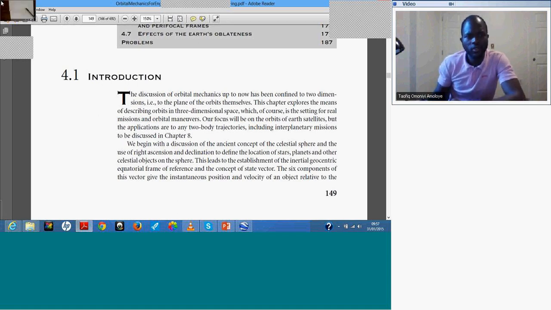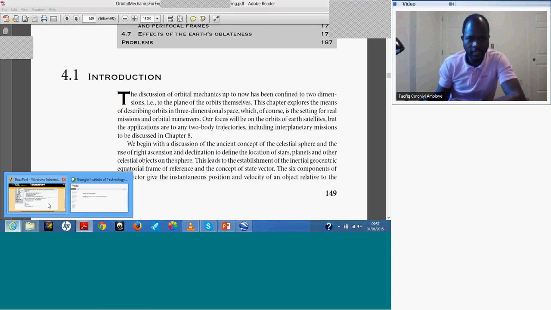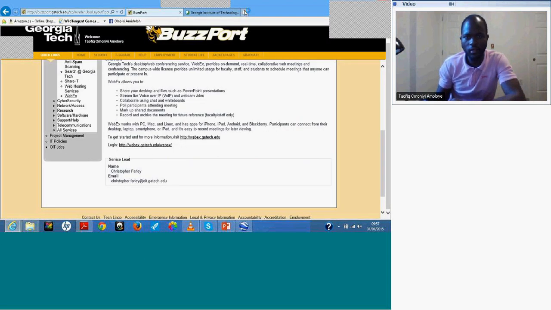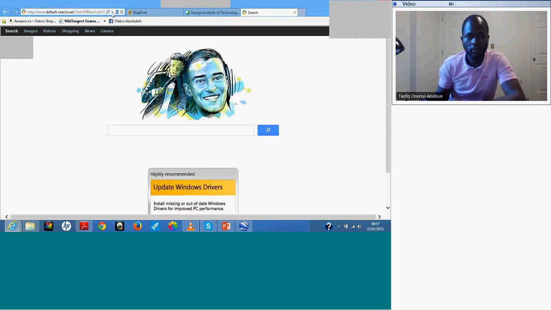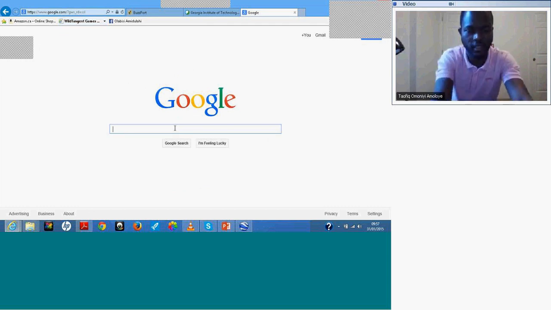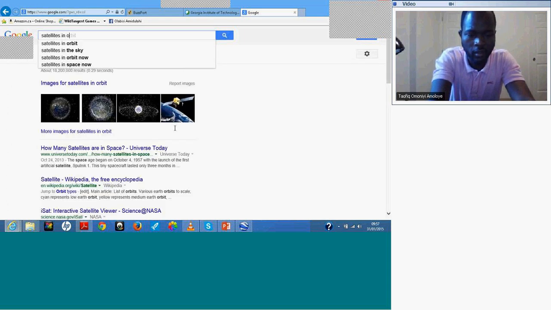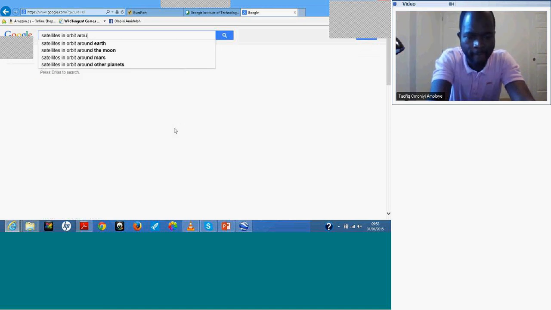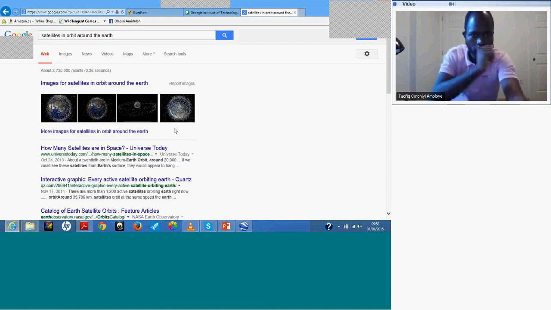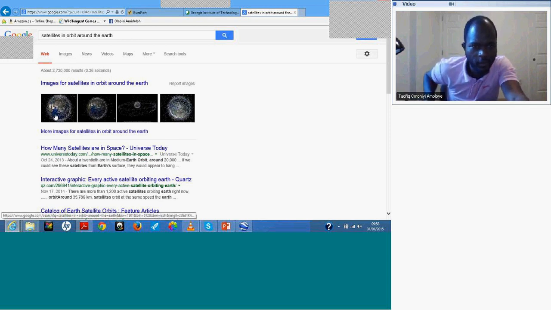At this juncture, I think I just want to quickly look over the internet if I can get a very good picture of satellites in orbit around the Earth. So let's see if we can get some. These are quite interesting.